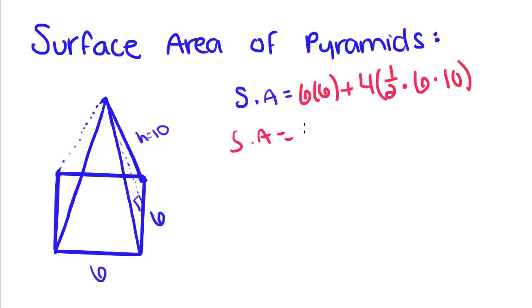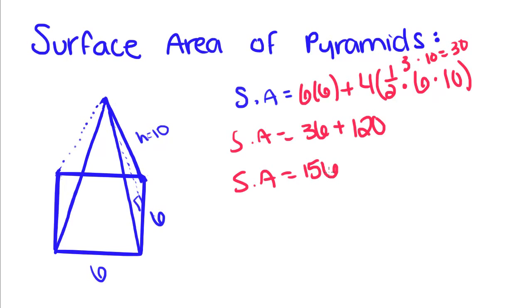Surface area is equal to 6 times 6 is 36 plus 1/2 times 6 is 3 times 10 is 30 times 4 is 120. So if you add these two together, you'll get 156. And pretend these were in centimeters, it'd be 156 centimeters squared.